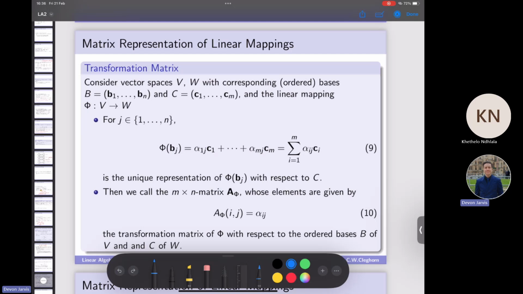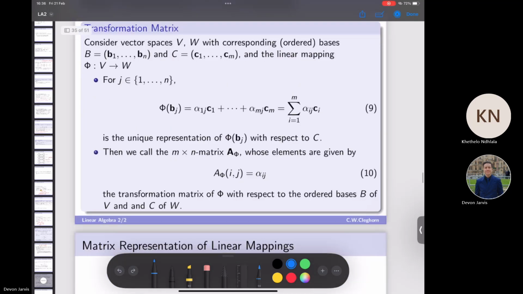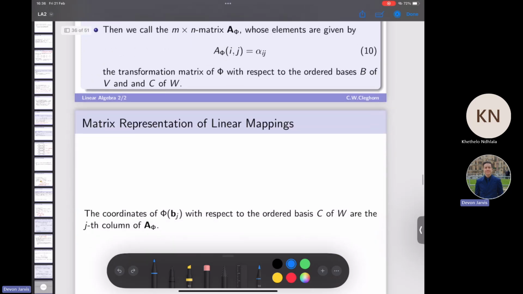So you take your first B, represent it as a linear combination of those C's, take all those alphas and make it your first column. For the second B, you do the second column, and so on. You will get the transformation matrix between the two bases. And so that is, according to the textbook, the transformation matrix of phi with respect to the ordered basis B of vector space V and the basis C of vector space W.